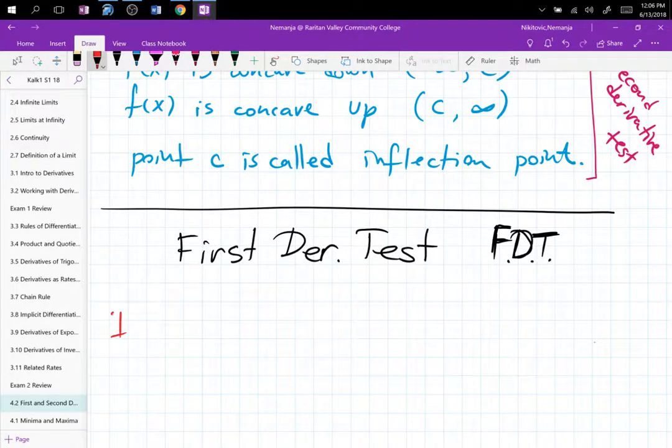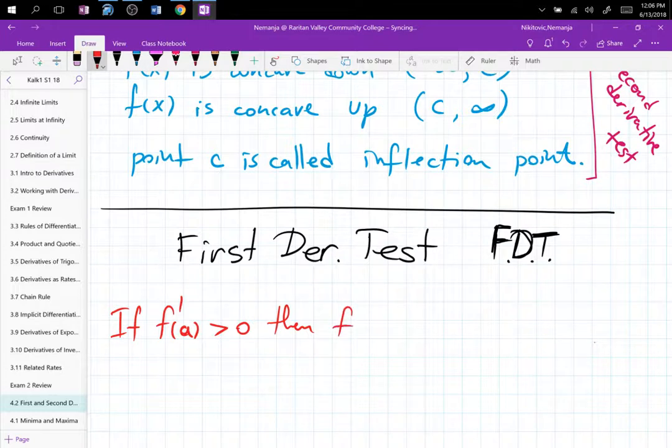So if f prime computed at A is larger than 0, then f of x is increasing on that interval.